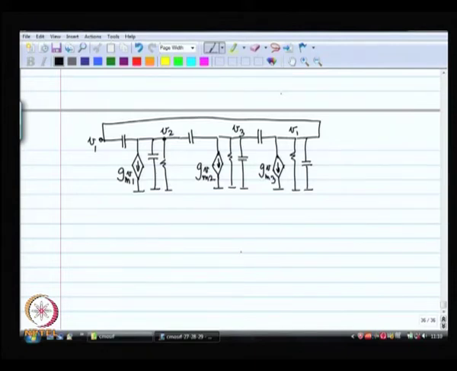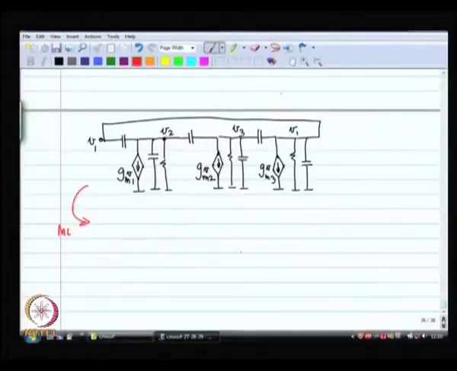So, each side is seeing a CGD, each node is seeing A times CGD, each node is also seeing 1 times CGD. So, each node is seeing approximately 1 plus A times CGD, right.